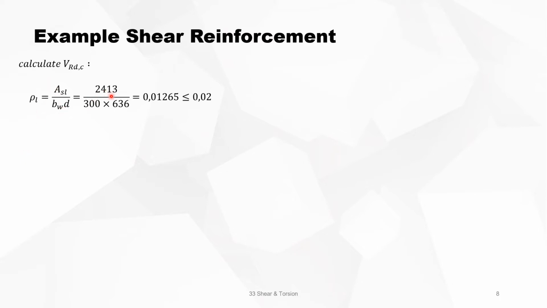So it's 2,413 square millimeters divided by the width and the effective depth, and it gives me 0.01265 as a density of the reinforcement. The shape factor, or dimension factor k is then 1.56.